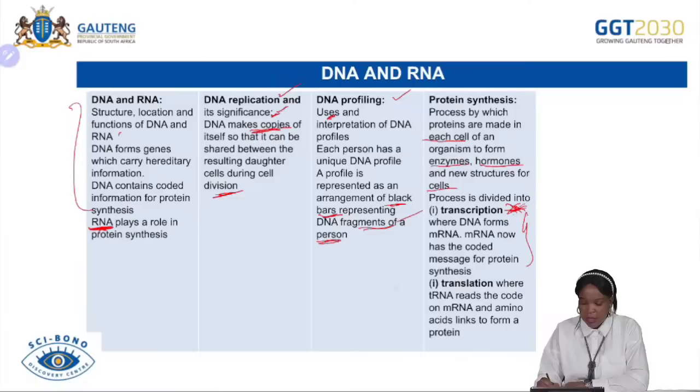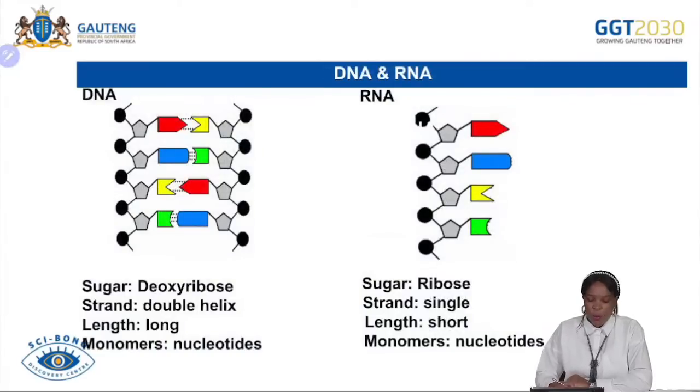Then we have the second stage, which is translation. Translation is where the tRNA reads the code of mRNA and the amino acids link to form a protein. So translation is where we are forming a protein using the amino acids, right? So that is what you need to know.